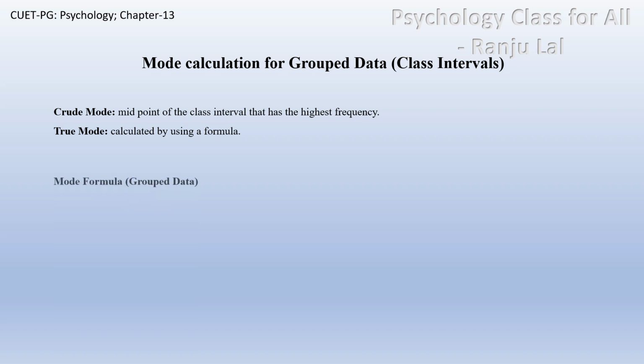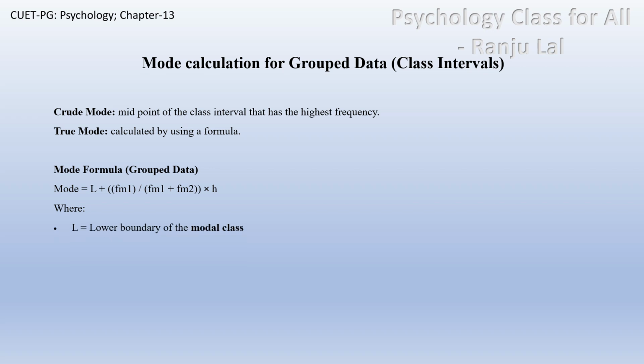So for true mode calculation, there is a formula. Mode is equal to L plus (Fm minus Fm1) divided by (2Fm minus Fm1 minus Fm2), into H, where L stands for the lower boundary or lower limit of the modal class.